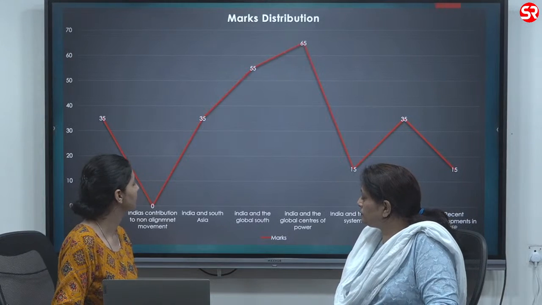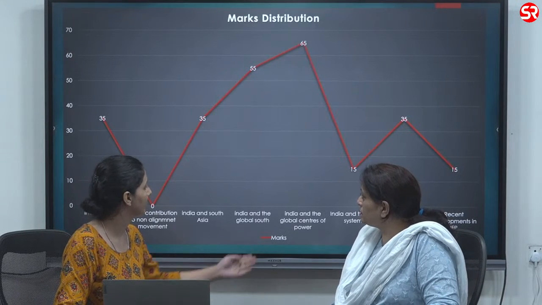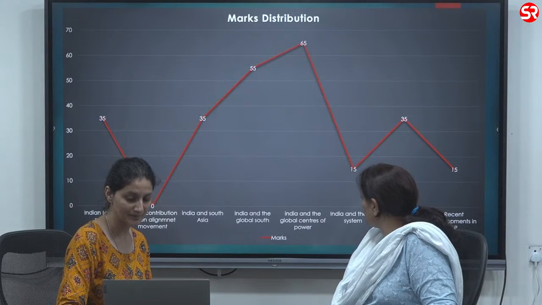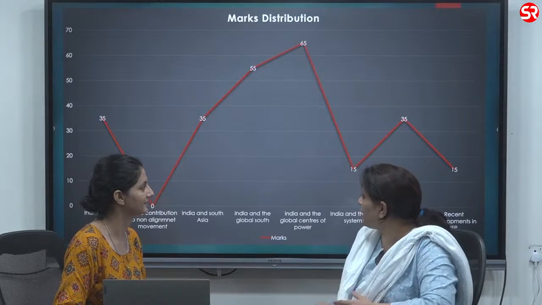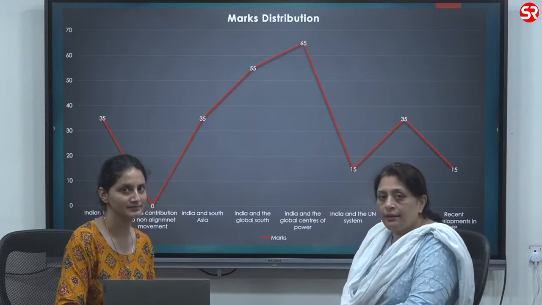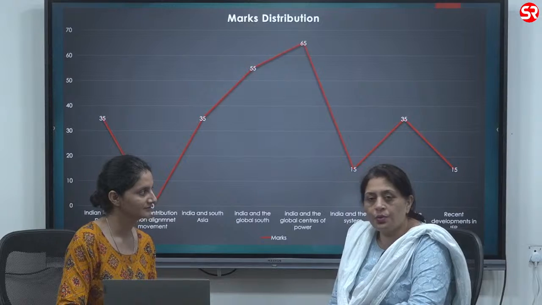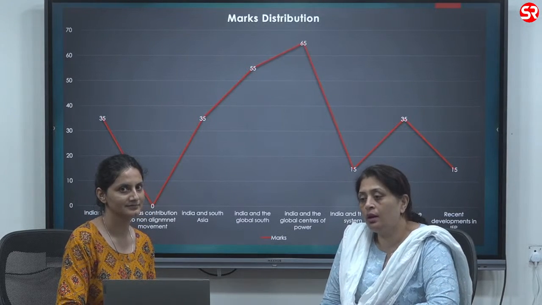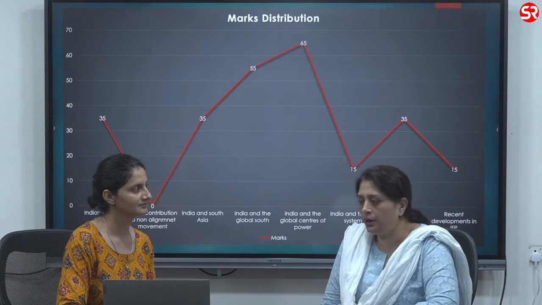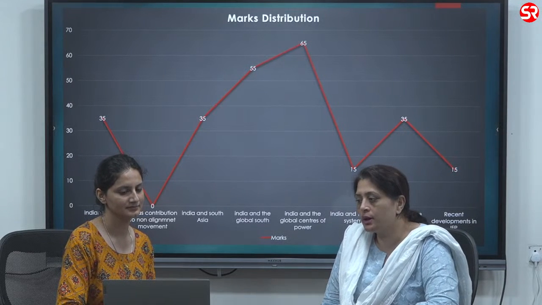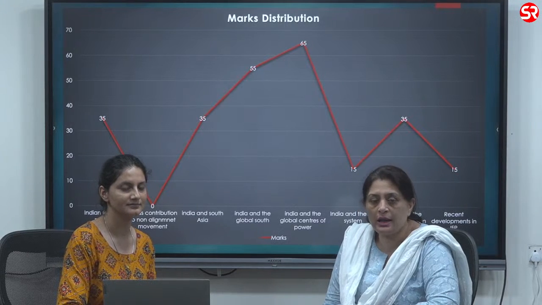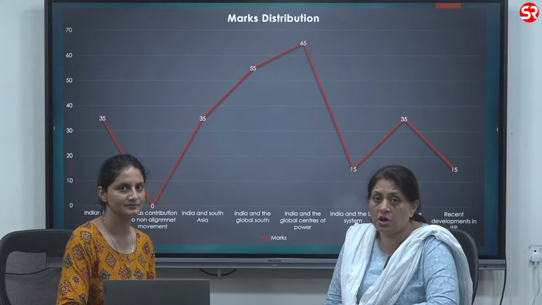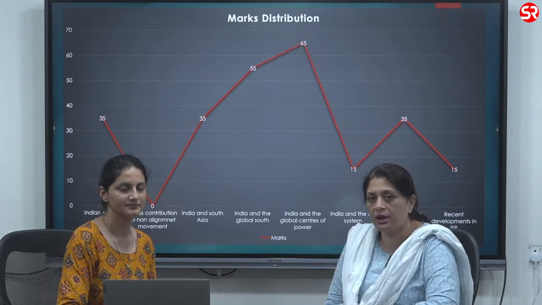As you know, the maximum marks are covered in India and the global centers of power, as well as India and the global south. Ma'am, kindly guide us. Yeah, so I believe that the students who have done the crash course may have found themselves quite comfortable sailing through, because there has always been restlessness with respect to paper 2 and especially part B because of its dynamic nature.